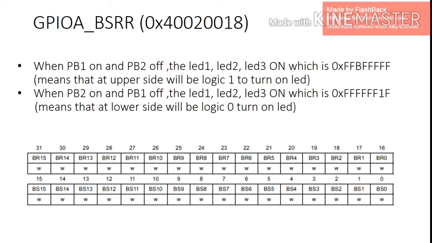When PB2 is on and PB1 is off, LED1, LED2, LED3 are turned on, which is 0xFFFFFF1F, meaning that the lower side will be logic 0 to turn on the LED.